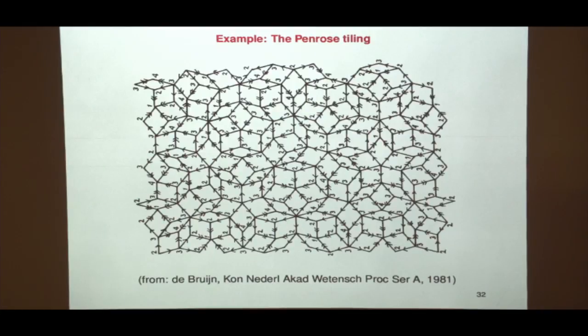So here's the famous Penrose tiling. And De Bruijn was the first who realized how you can construct such a tiling from a cut and project method that I just described, because before there were local rules and people sort of constructed them in different ways.